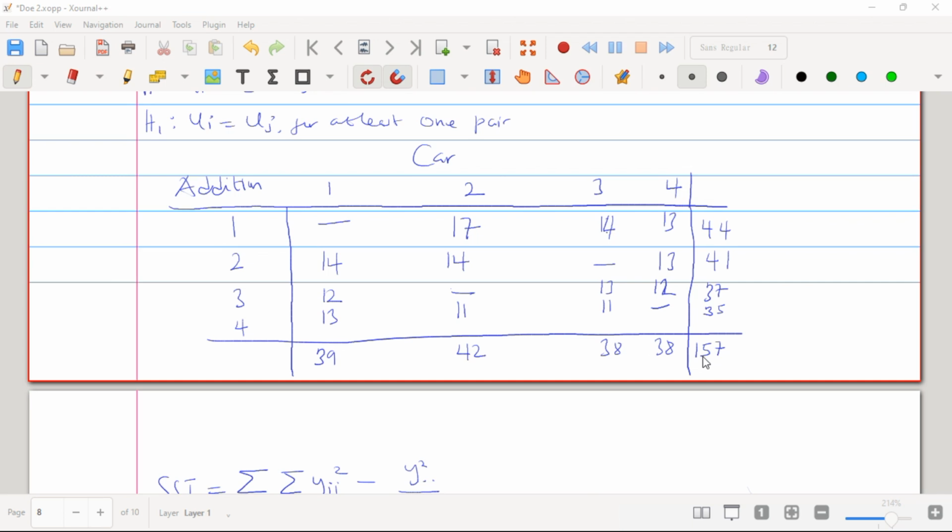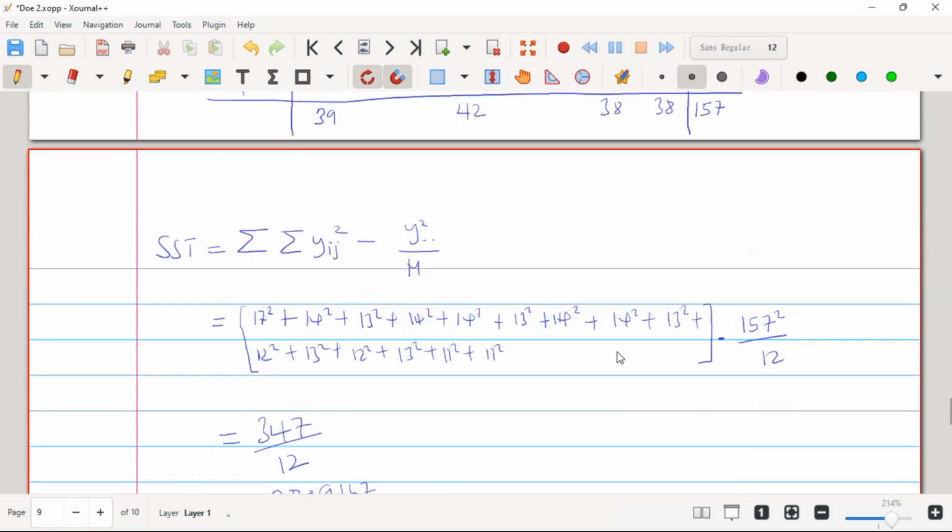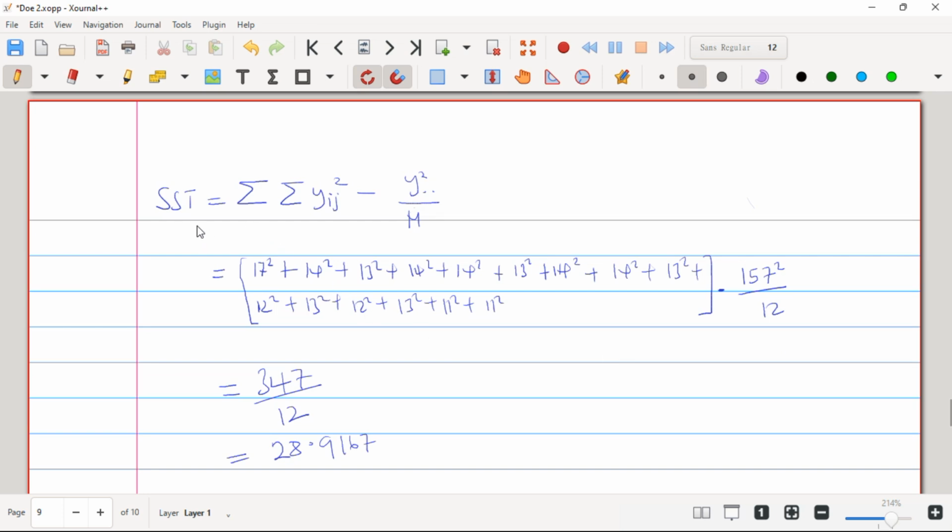That 157 is what you use for y dot dot. Y dot dot is equal to 157, since 157 is the addition of everything we have here. Setting up this table will make your solutions very simple. So here you have the sum of squares total.